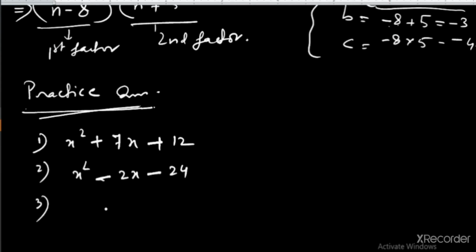And third question for you is p square plus 2p minus 48. So these are the questions, out of which all these three types I have done already for you in today's session.